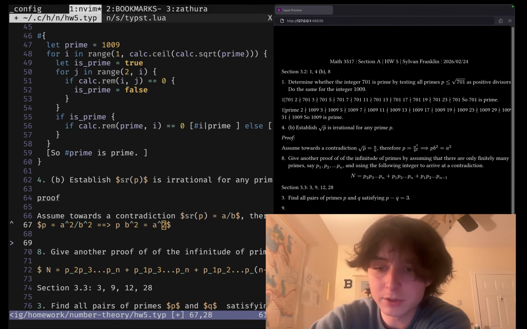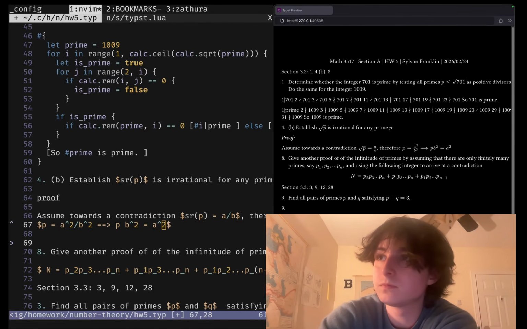Wait, hold on. I'm still trying to comprehend. Why is it illegal for primes to only have even powers, or the factorization?